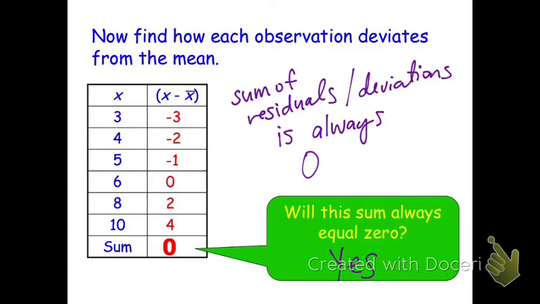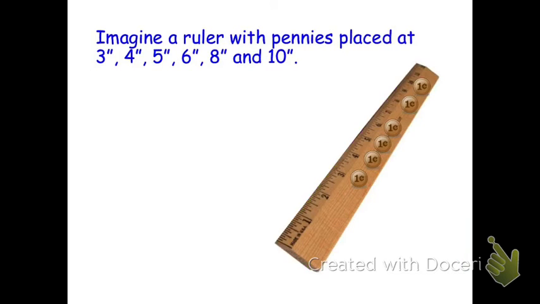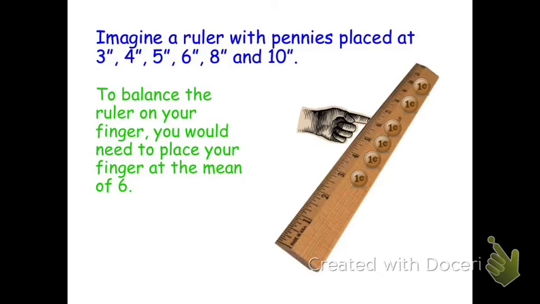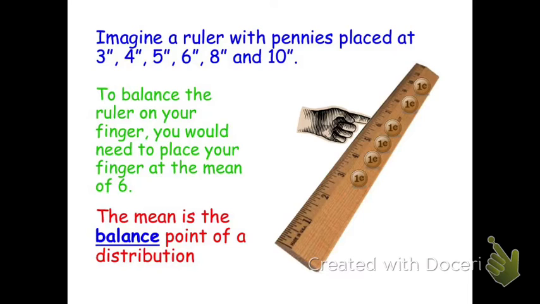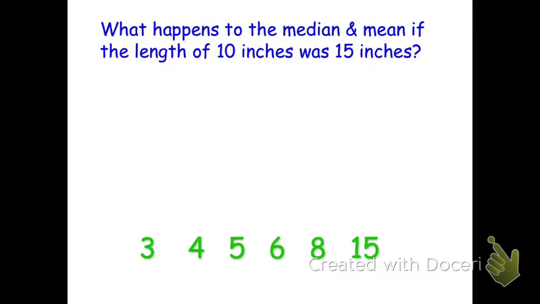It's just how far away you are from the mean. If I have a negative residual, then that means it's below the mean. If I have a positive one, that means it's above. This is getting into talking about skewed data and things like that, but your mean is always the balancing point of the distribution.